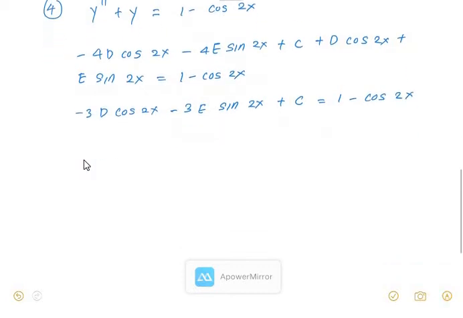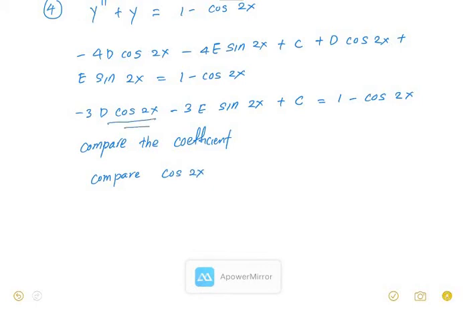Then you compare the coefficient. Okay, if I want to compare the cos 2x, I have this cos 2x, here also cos 2x.